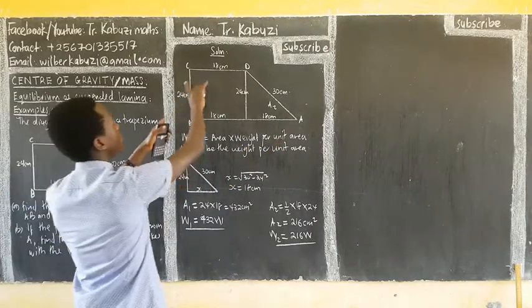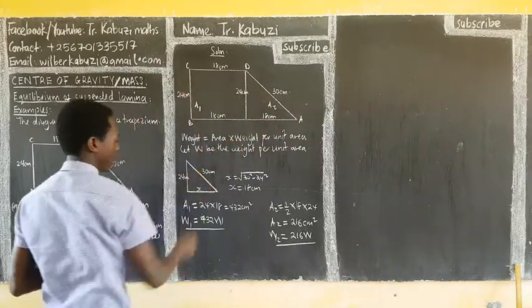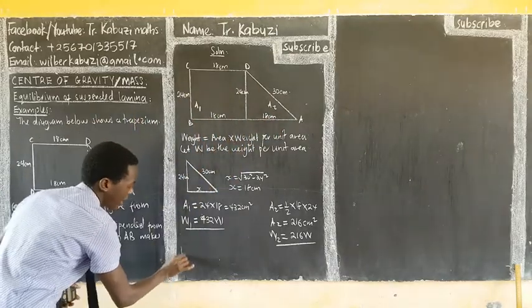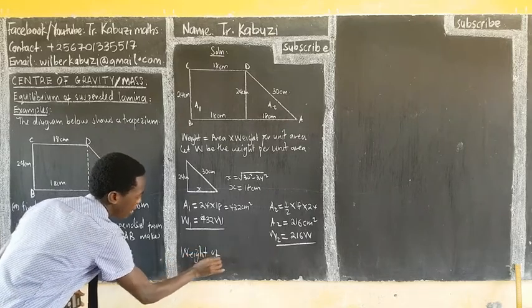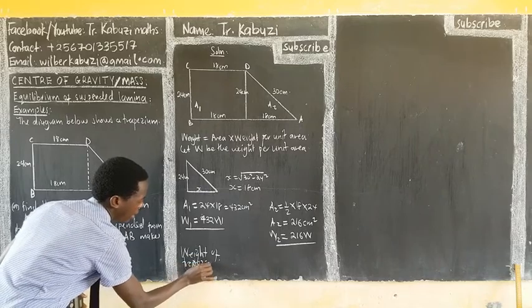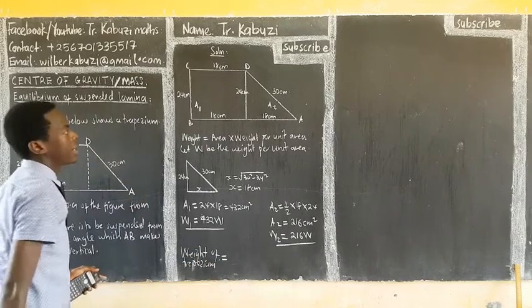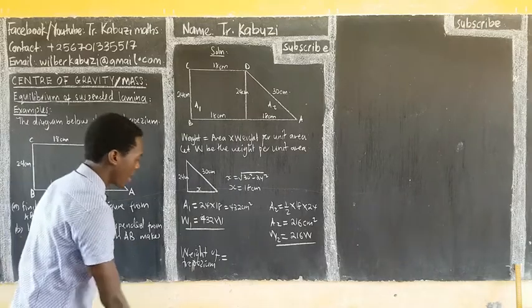Now, to get the total weight, we have the weight for this and the weight for this.